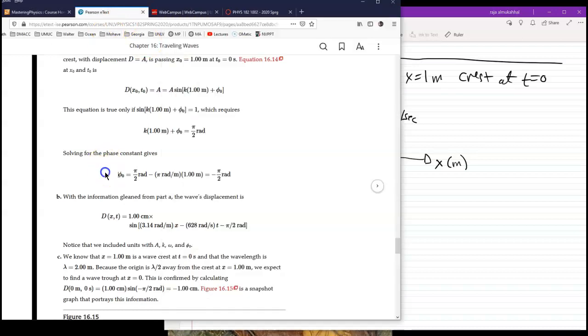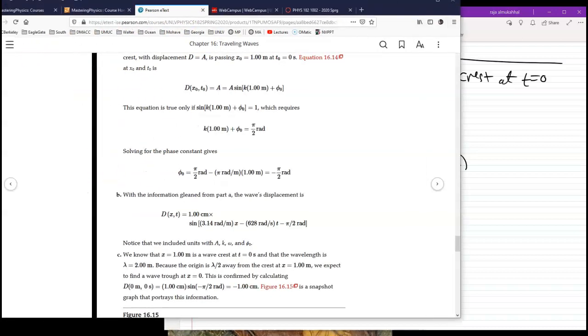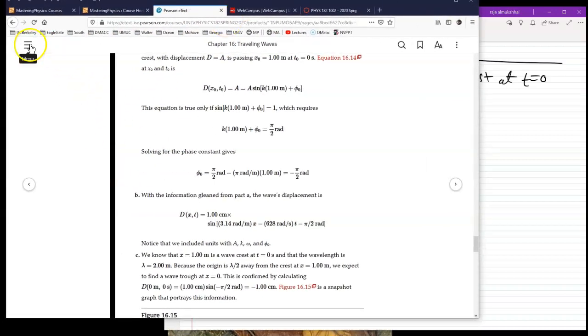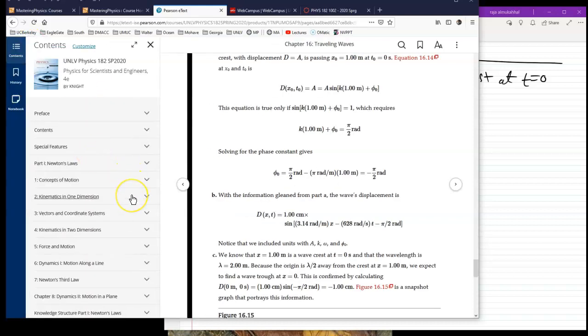Let me go to the book. By the way, I want to thank those of you who sent me some hints on how to operate OneNote. I had difficulty magnifying, and I got an email from Jason.